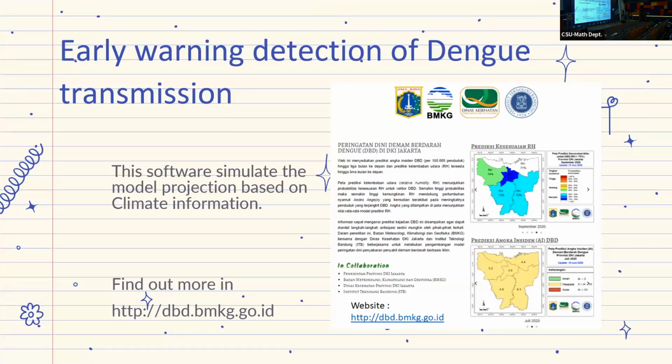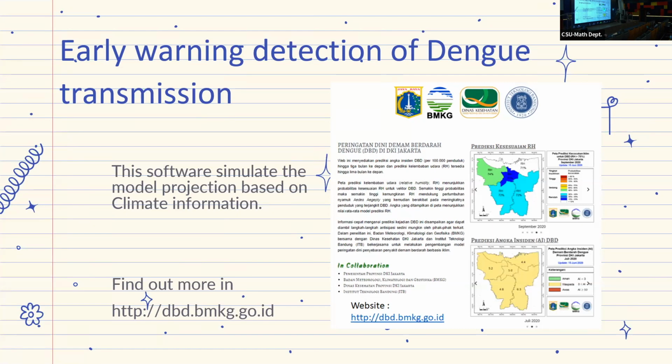This is on our climate agency website in Indonesia, and they update it every month with the information of relative humidity and also the incidence rate for each area.